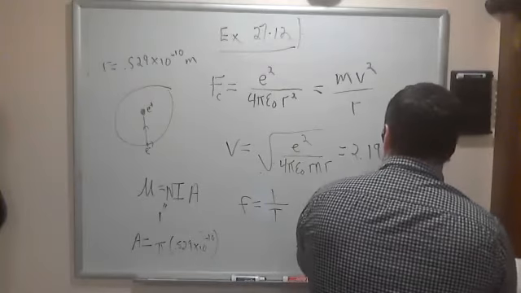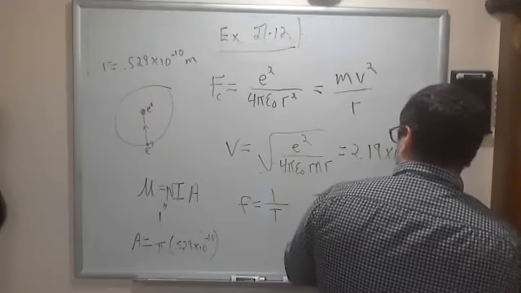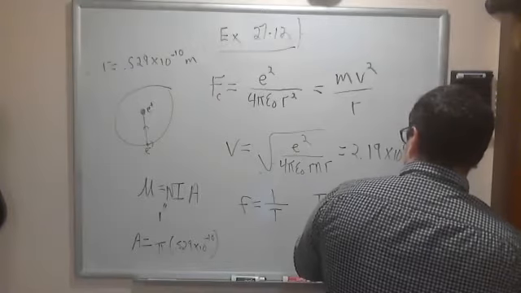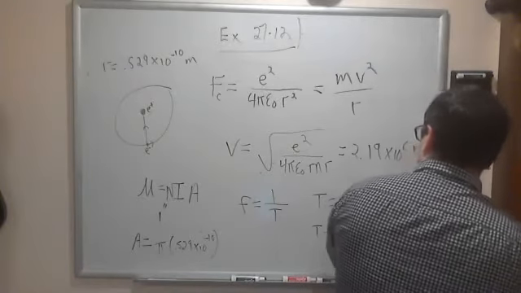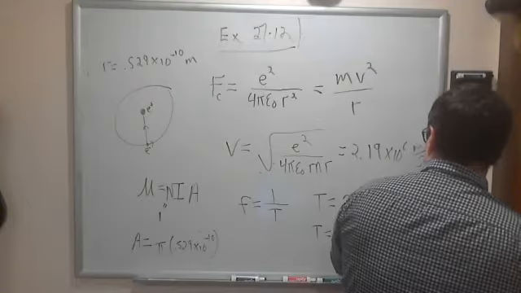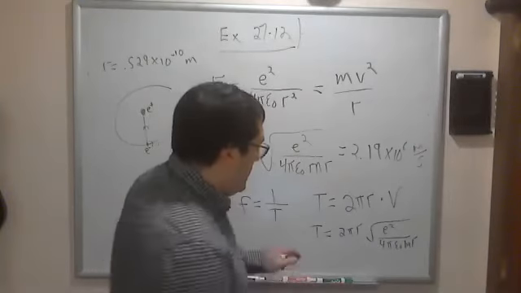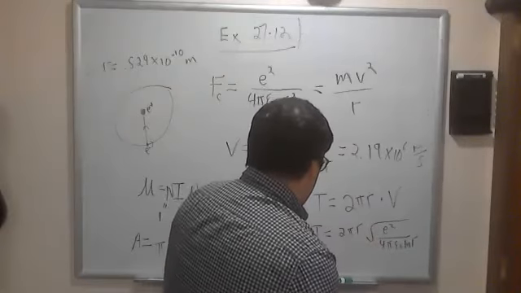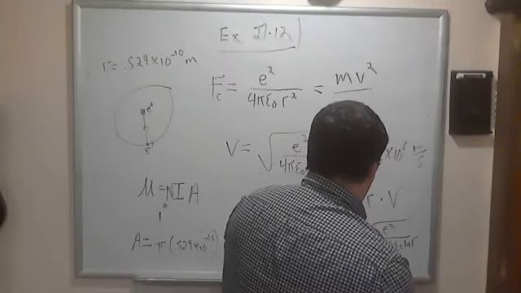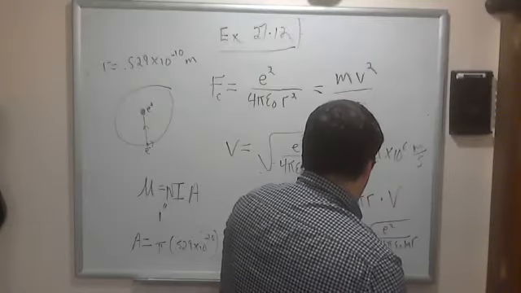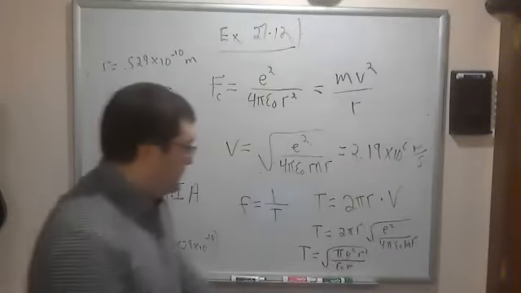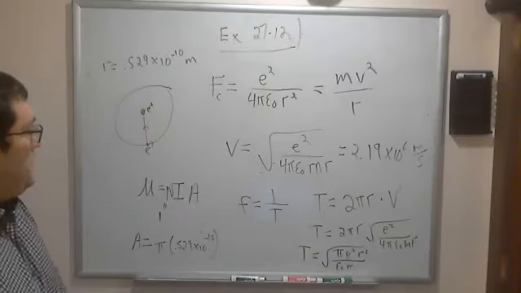Is equal to 2 pi R, and then if we bring this inside, we get a square root of 4 pi cubed epsilon naught m R cubed over e squared. We get this for the period.